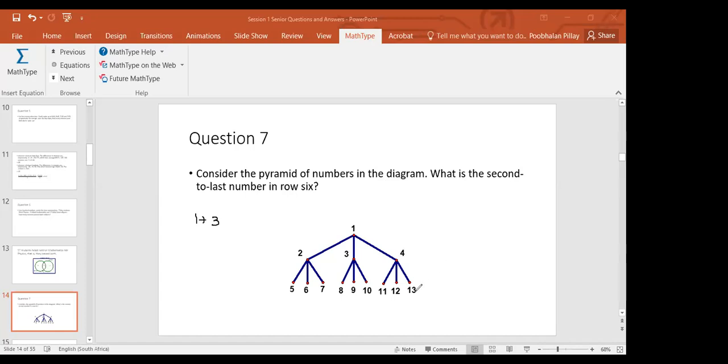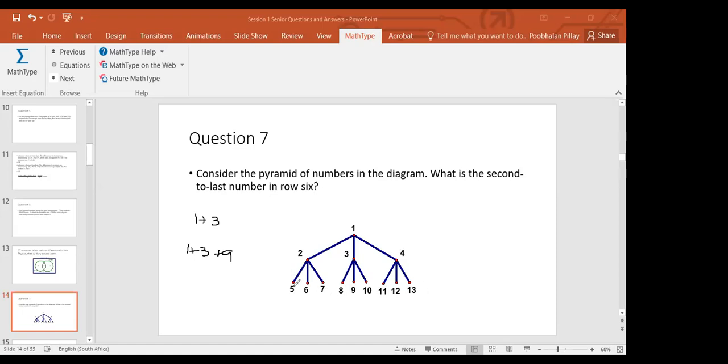Now, if you look at the last number in the third row, it's 13. How did we get 13? Because we added these 4 numbers, 1 plus 3. We added 9 more numbers to them, right?